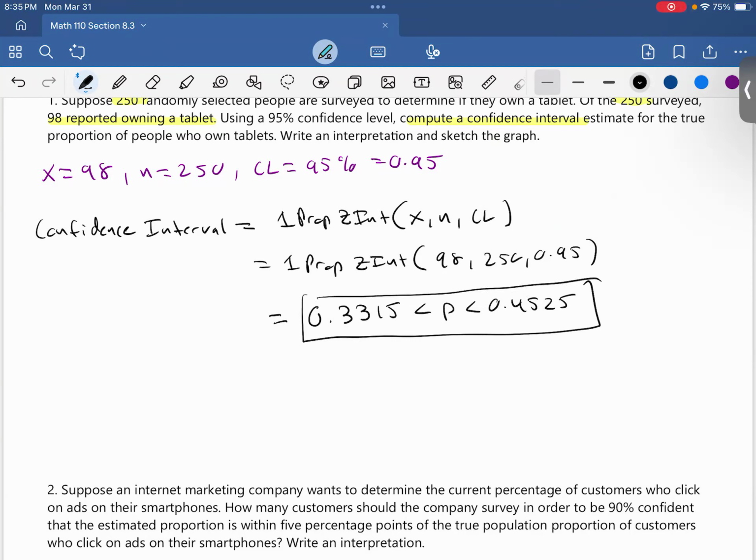And it wants us to write an interpretation, so let's go ahead and write that out.